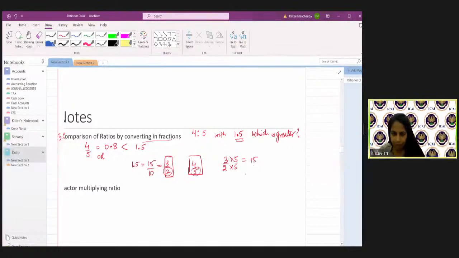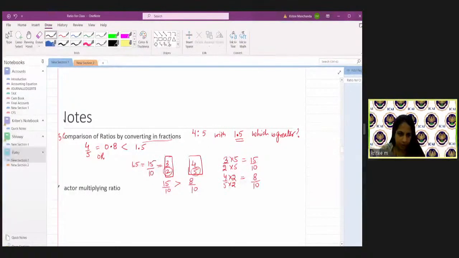I get 15/10. 4/5 to be multiplied with 2. I get 8/10. Now I can compare 15/10 with 8/10. And I know 15/10 is greater. Alright.